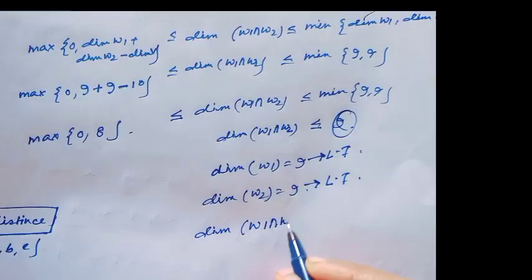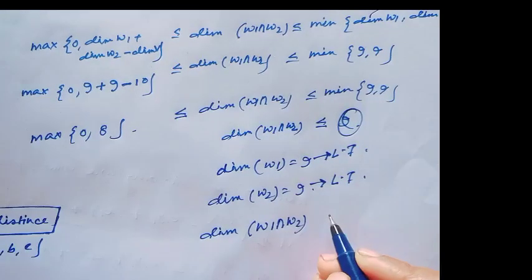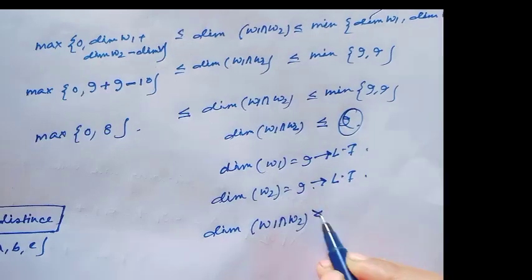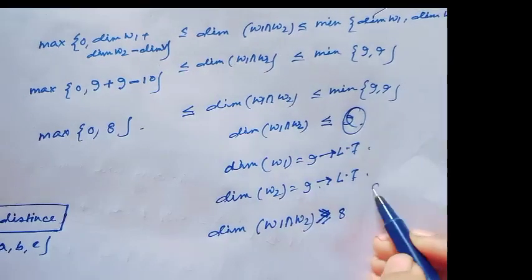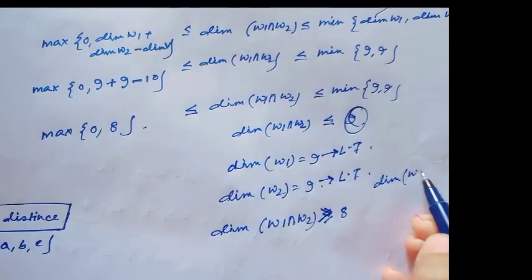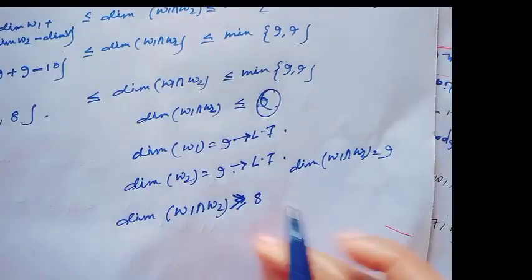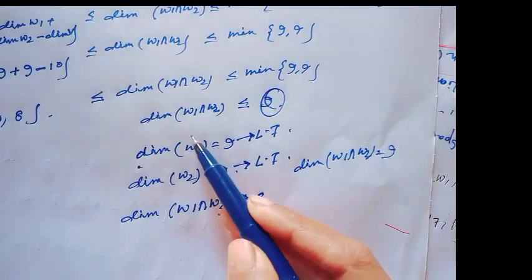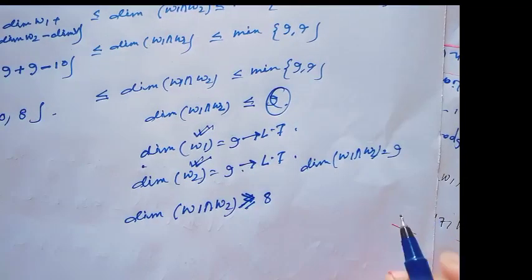Then obviously dimension of W1 intersection W2 would be greater than or equal to 8. Dimension of W1 intersection W2 equal to 9 is not possible because W1 and W2 are two distinct subspaces in R10.